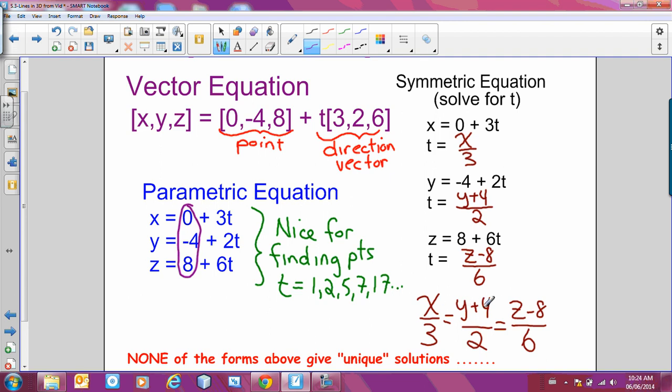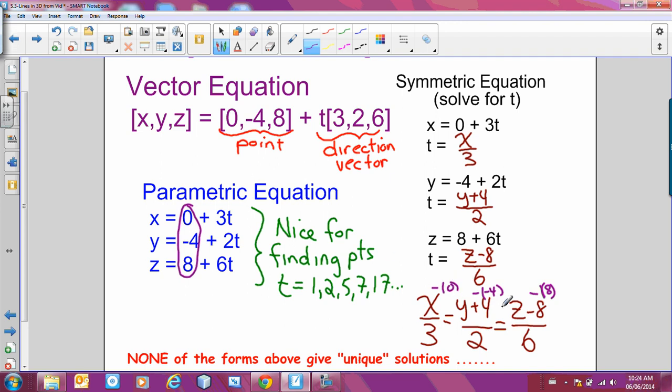When we look over here, it's maybe not quite as clear, but here's a +4, here's a -8, and so what we've actually got here is y minus the -4, z minus +8, sorry, that should be a nice round bracket there, and this is x minus the 0.